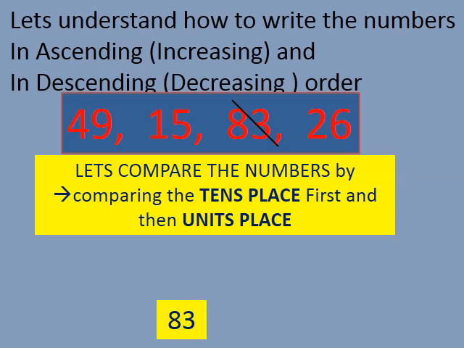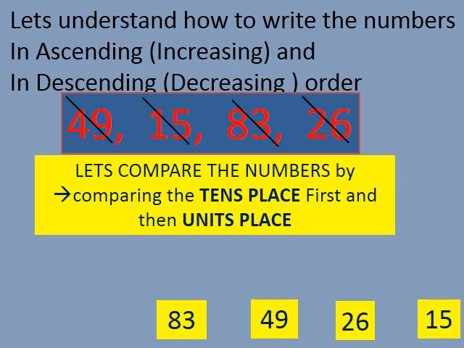So the next number is 49 and we'll cross it. Then comes 26 and the last number is 15. So here I have written the numbers in a sequence, that is 83, 49, 26 and 15.